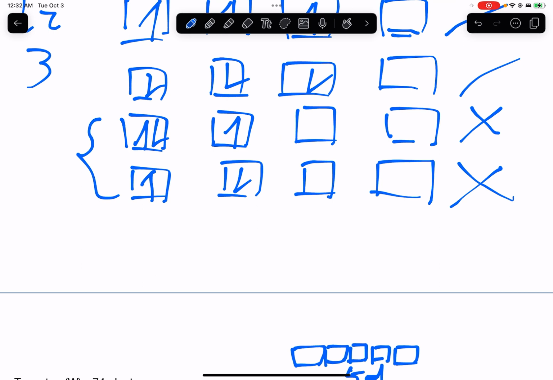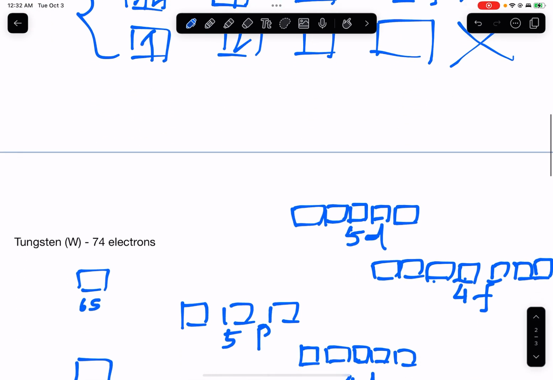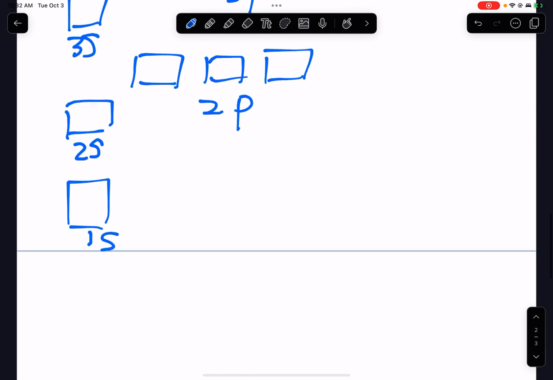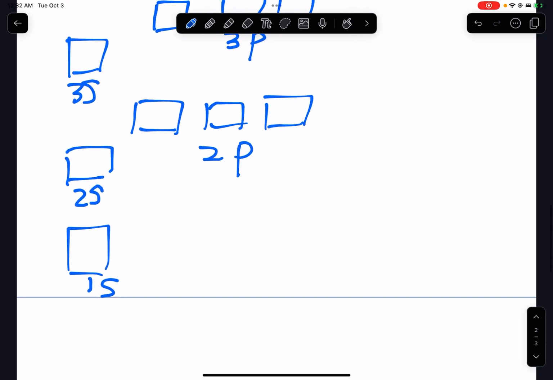Now, let me show you an example based on what we just learned. It's tungsten, W, with 74 electrons. So let's draw this. 1s has 2.